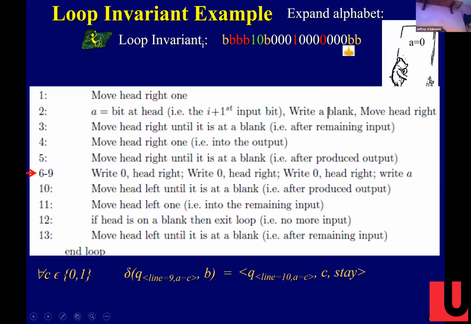The value has to be 0 or 1. You can only put a 0 or 1 here. You can't put a variable name; 0 or 1 is a value. And where do I get that value from? If I'm in state A equals 0, then I write a 0. If I'm in state A equals 1, then I write a 1. And what new state should I be in? Now I'm going to be in state 10. What should I do with the head? It doesn't tell me anything to do with the head, so I'm going to leave the head right there. So I'm going to write the 0 on the blank, and leave the head right there.